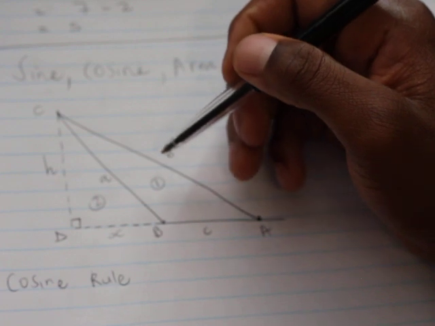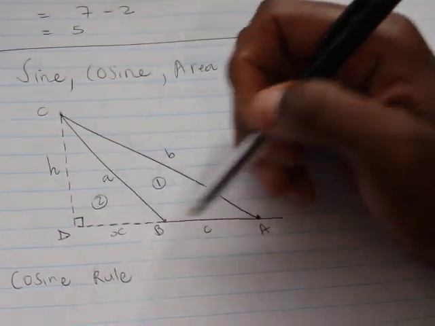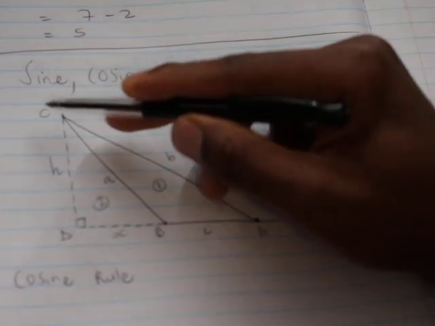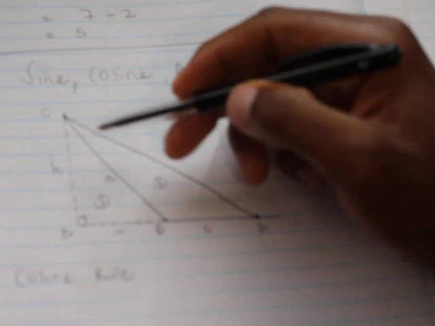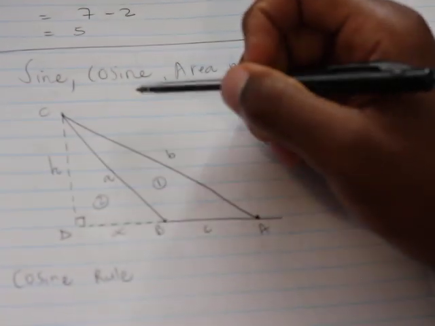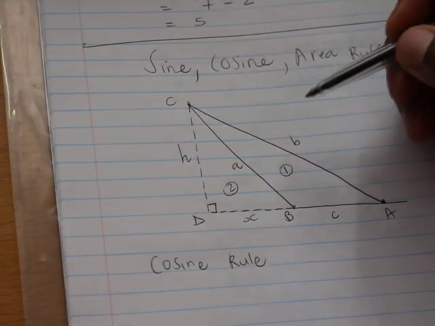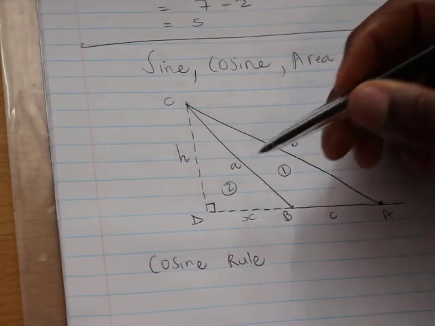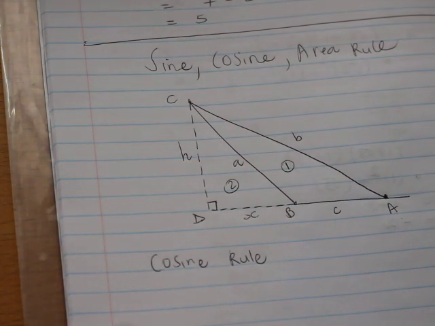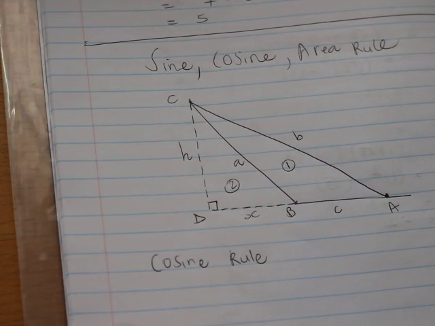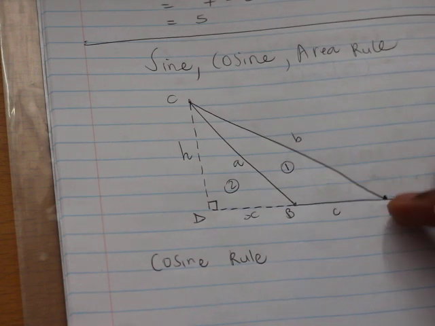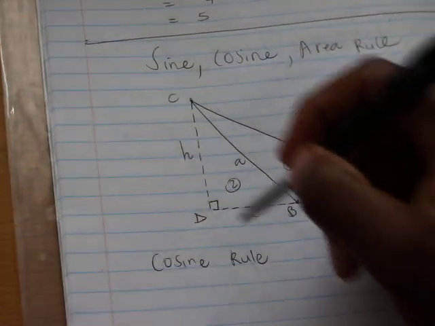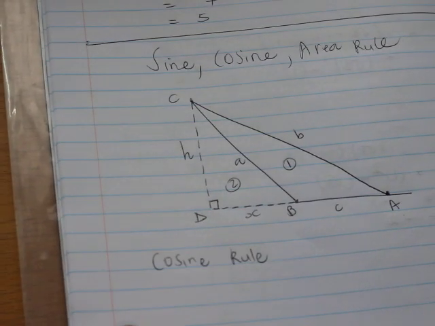But if you check triangle ACD, triangle ACD does have h as one of its sides. And if you check triangle BCD, it also has h as one of its sides. So what we're going to do is focus on ACD and BCD, simply because they've got h as one of the sides.